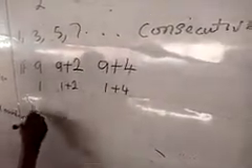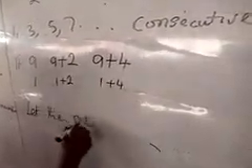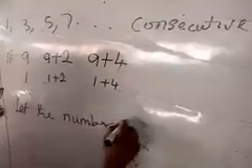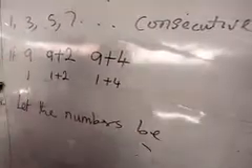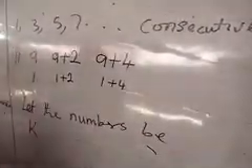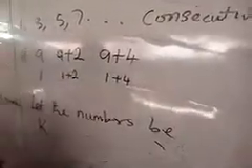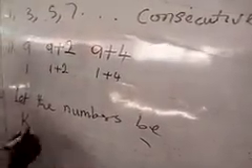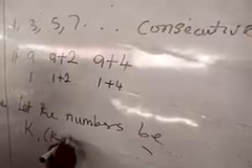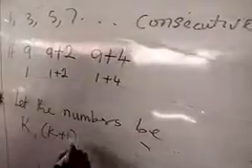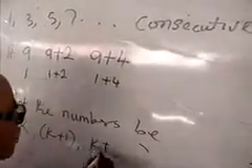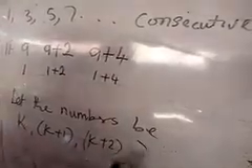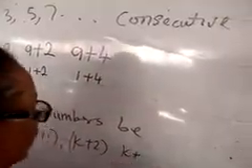Now, let the numbers be what? Number 1, K. They said the four consecutive numbers. The first number is K, and then the second one is K plus what? 1. And then the third one is K plus what? 2. And the fourth one is K plus what? 3.